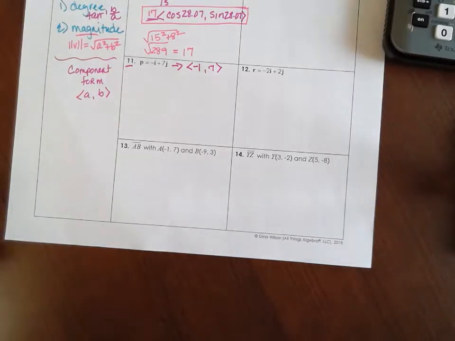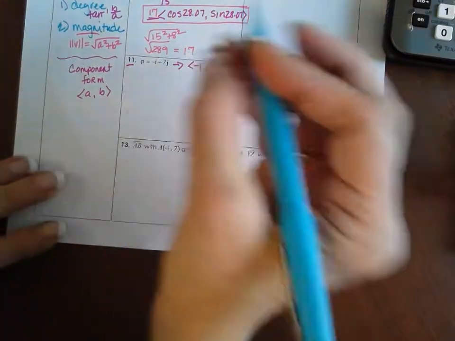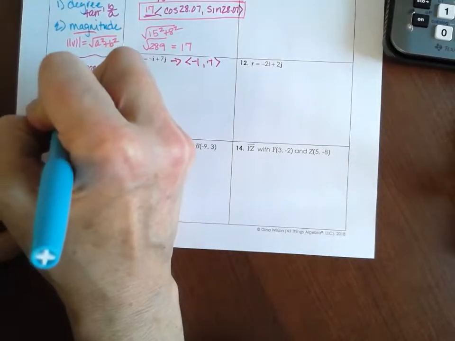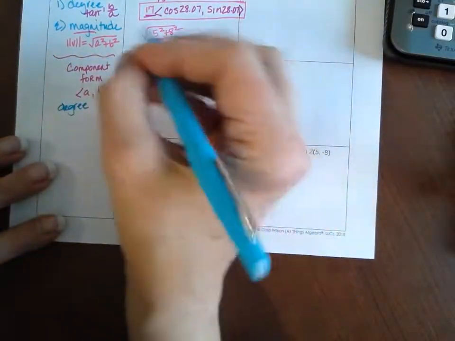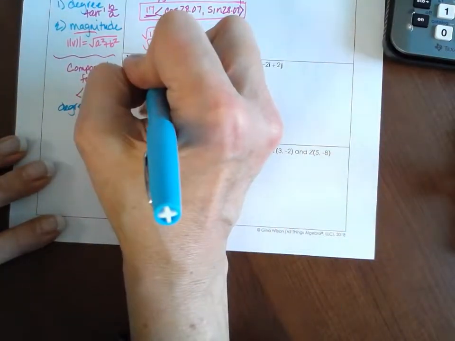Easy peasy. Okie dokie. Then, let's find our degree. So I'm going to find my inverse of 7 over -1.